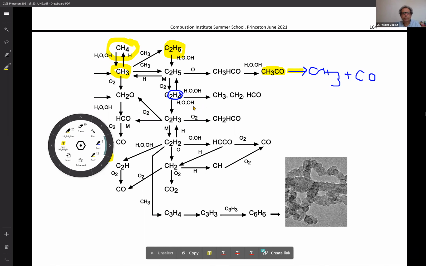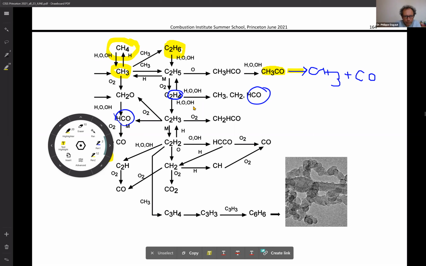It can react through oxidation and produce simple radicals like CH3, CH2, and HCO. Of course, HCO that we saw here will also react by either thermal decomposition or reaction with O2 to produce CO.